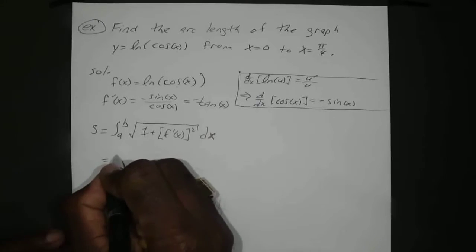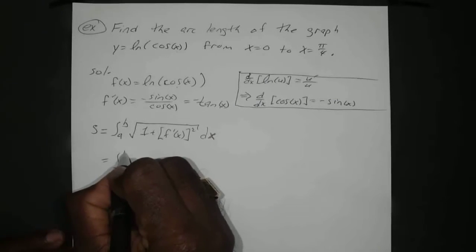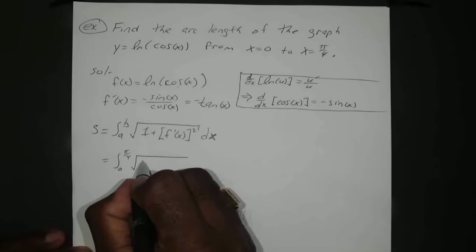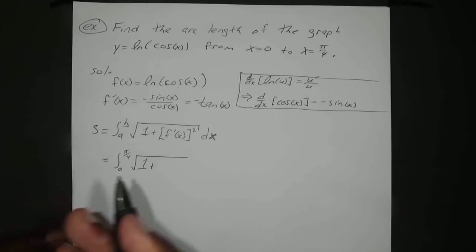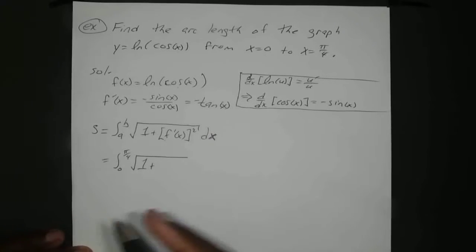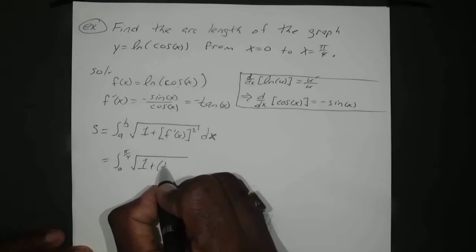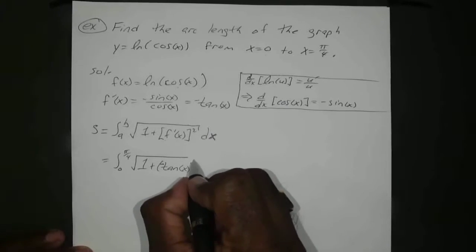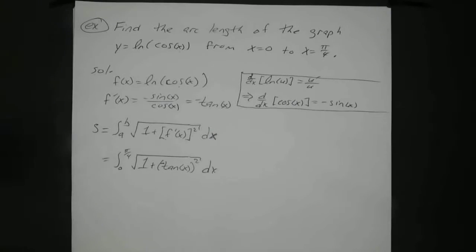Okay, so it's going to equal the integral, remember it's from 0 to pi over 4, and the square root of 1 plus, you have negative tangent x squared. If you have negative and negative, it's going to be positive. So you have negative tangent of x squared dx.